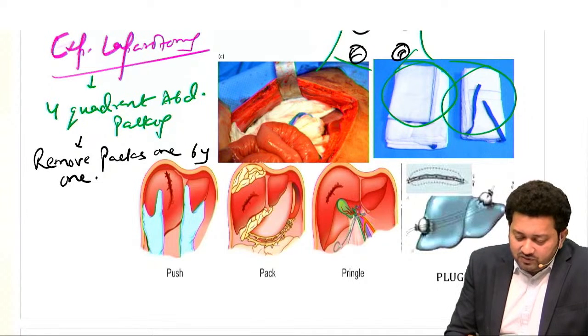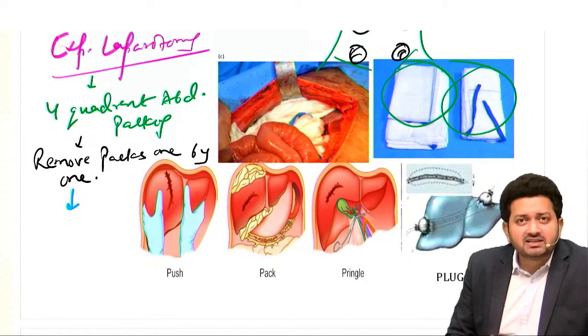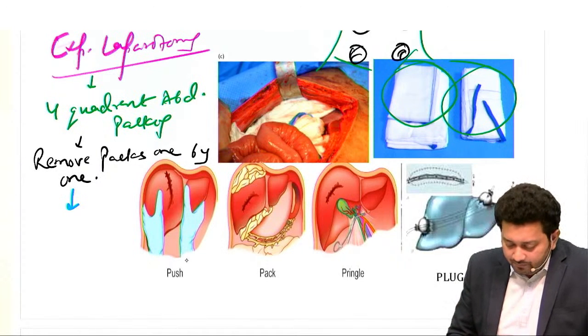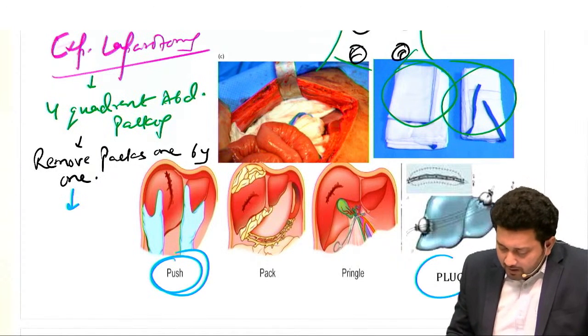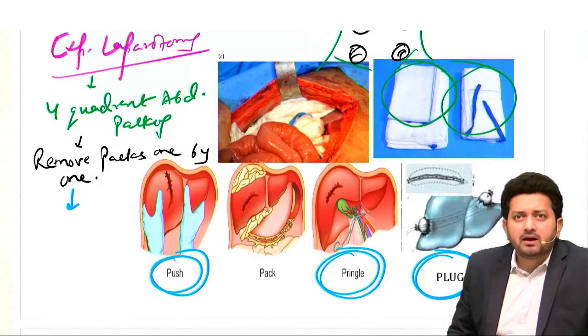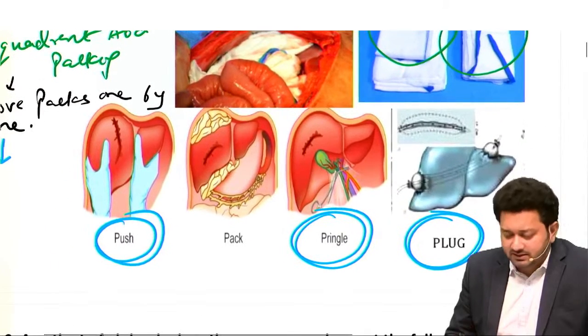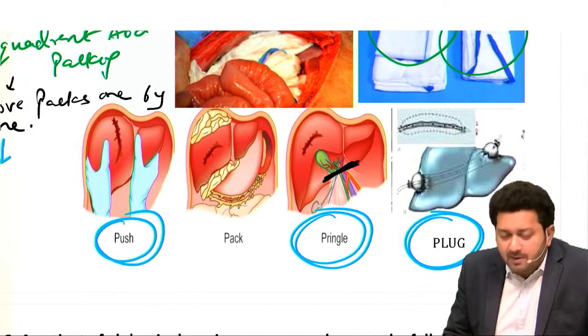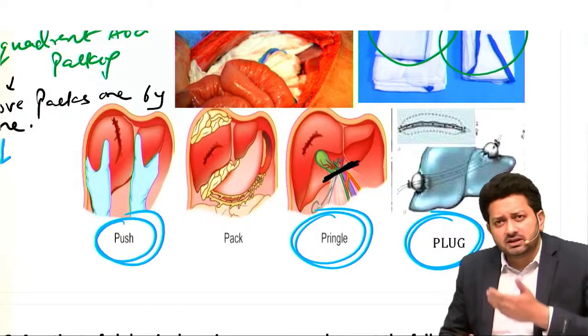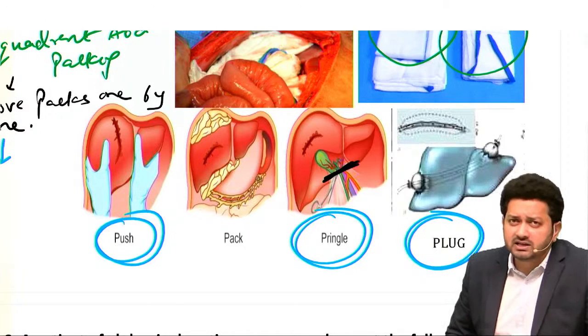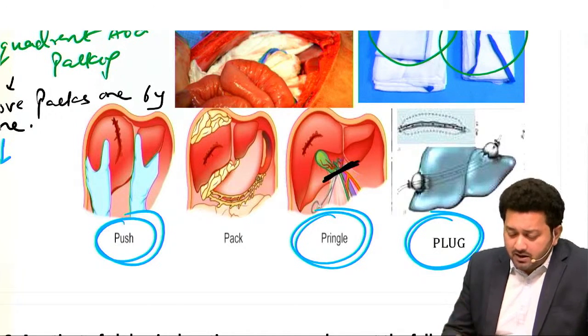Now once you remove the packs one by one, you will see that the patient is having liver injury. I told you in the classes multiple times. What will you do? Push, plug, Pringle. Push is just giving pressure. Plug, Pringle is putting a clamp, or the surgeon puts the thumb and the index finger, and they clamp the hepatoduodenal ligament.